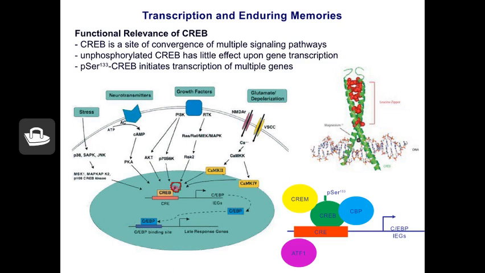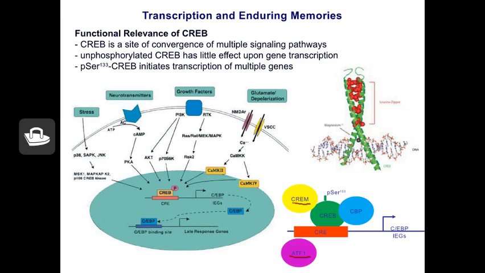Then inside the nucleus, you can see that phosphorylated and dimerized Krebs binds to the CRE sequence of the DNA and assembles actually a transcriptional activating complex. And that complex includes CBP, or Krebs binding protein, which actually co-activates the Krebs, leading to additional binding of CREM and ATF1.